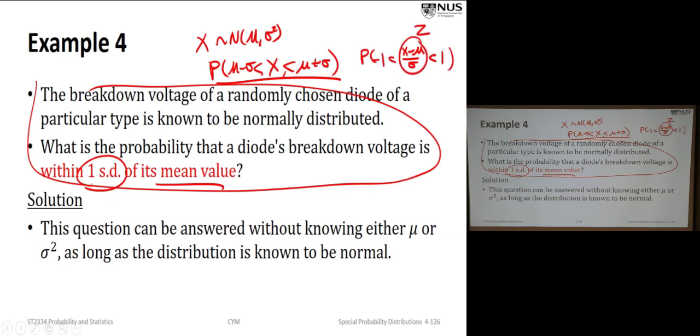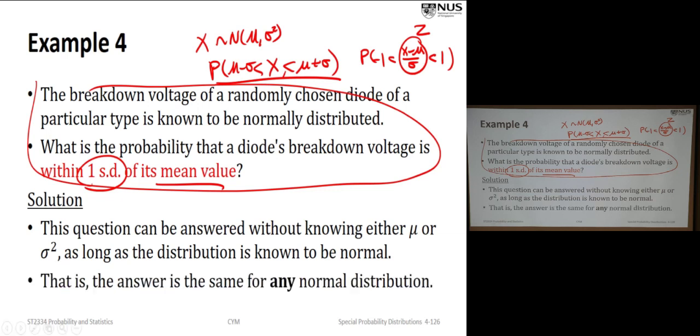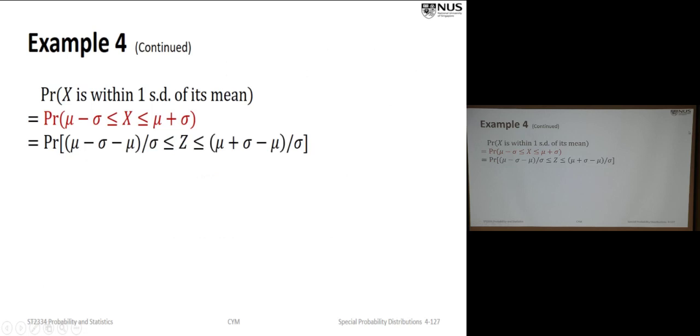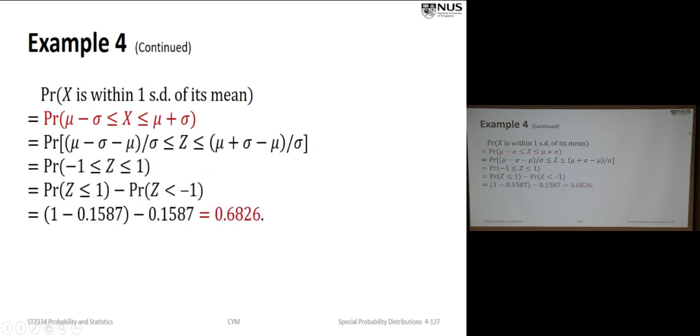And this is the standard normal. So now it's equivalent to a standard normal random variable between 1 and minus 1. So that's it. So it's true for any normal distribution. So you can work out the probability is 0.6826.